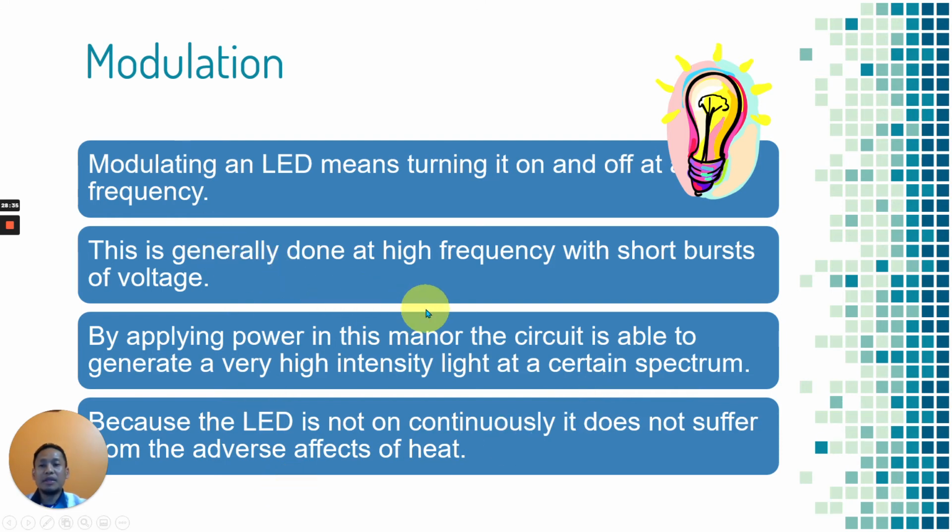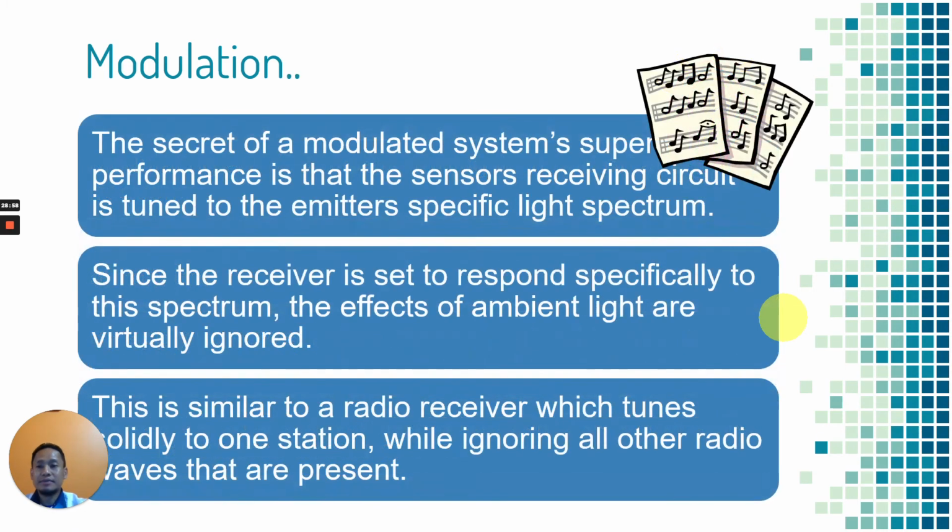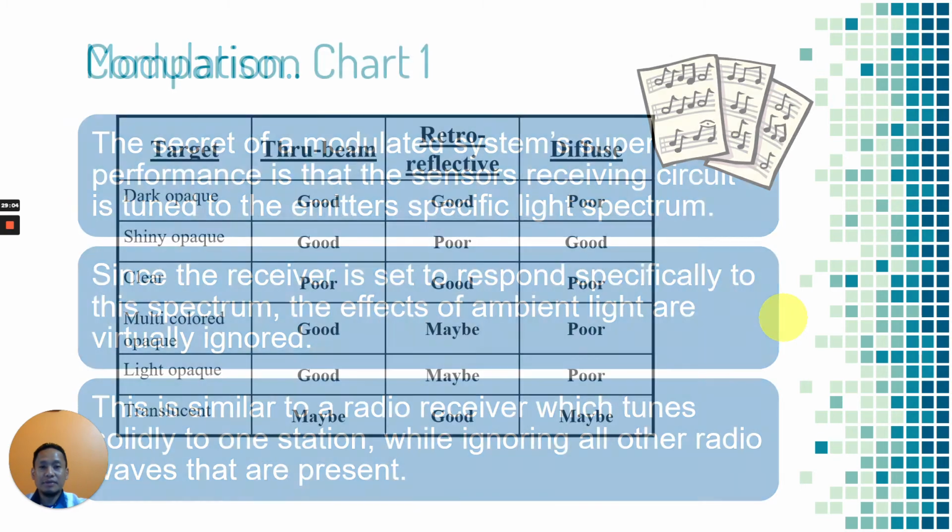This is generally done at high frequency with short bursts of voltage. By applying power in this manner, the circuit is able to generate a very high intensity light at a certain spectrum. Because the LED is not on continuously, it does not suffer from the adverse effect of heat. This is the modulation of the sensor light.